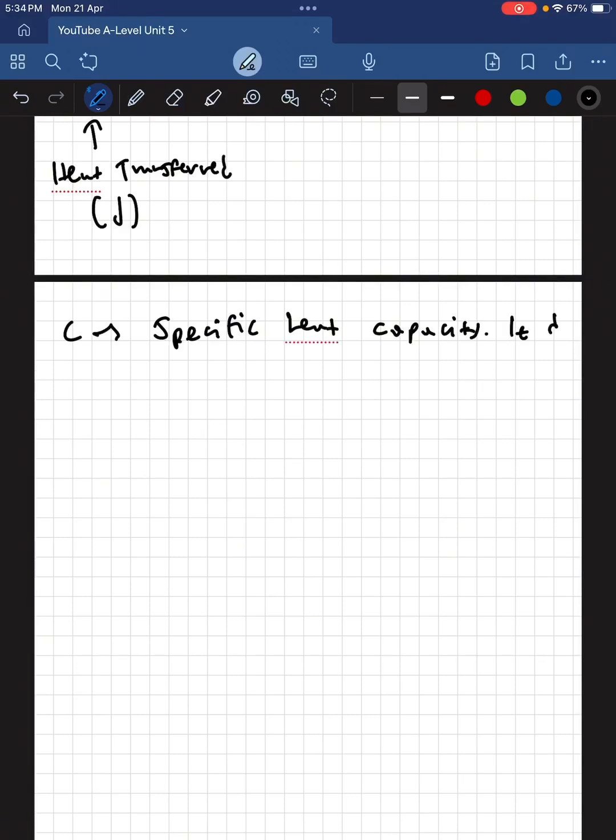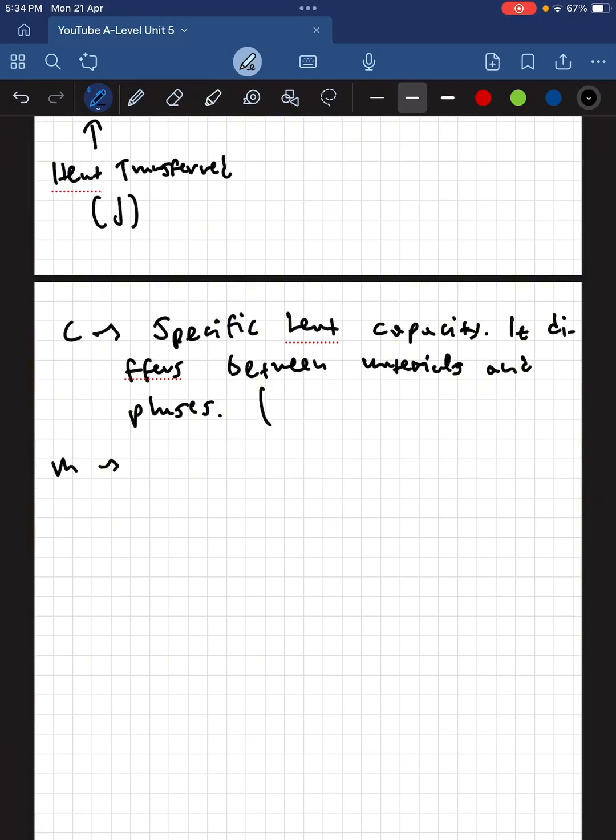It differs between materials and phases, okay? What do I mean by that? The specific heat capacity of copper will be different than the specific heat capacity of ice. But then the specific heat capacity of ice is different than that of liquid water, okay?